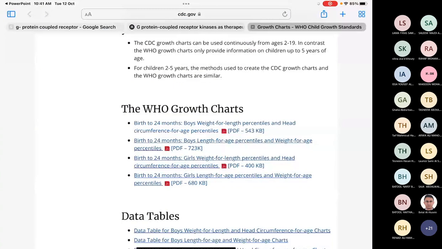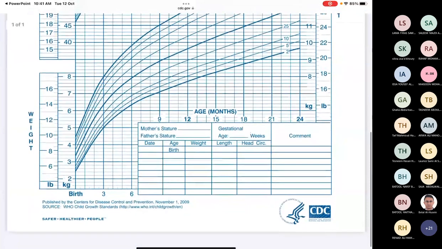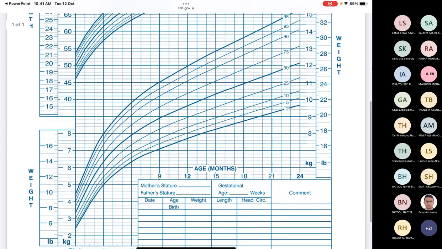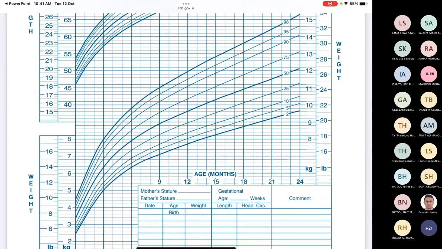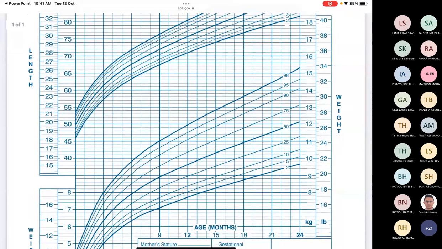This is birth to 24 months. So this is the age till 24 months, which is 2 years. Suppose the baby's age is 18 months and the weight is 50. This means the weight is somewhere here.